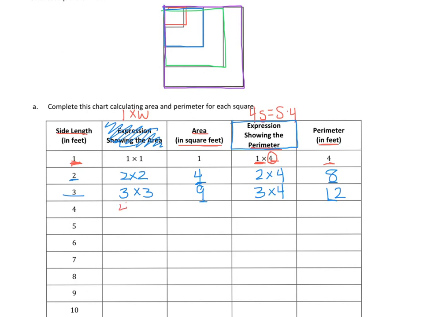My next one, 4 times 4, that's 16. And then I have a 4 as a side length times 4 sides, and that gets 16. And now my area and perimeter are the same. So I'm going to put a star next to that one for my reference. That's where they're the exact same. Up here is where area is less.